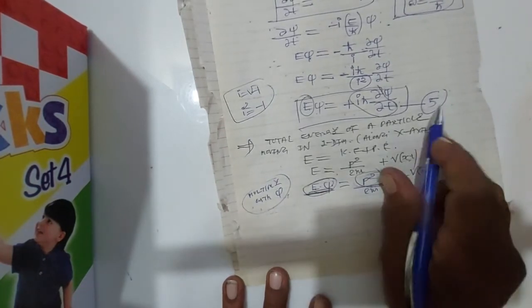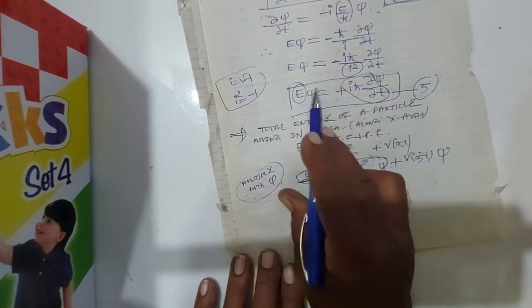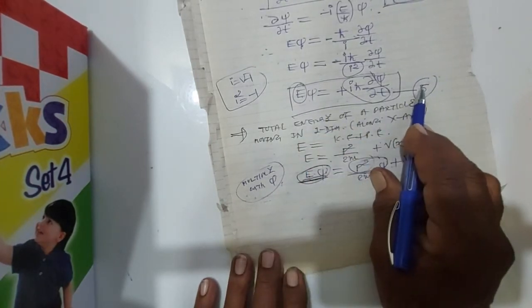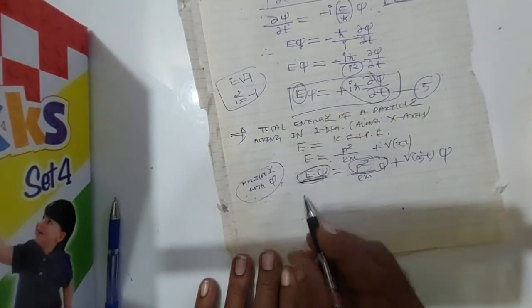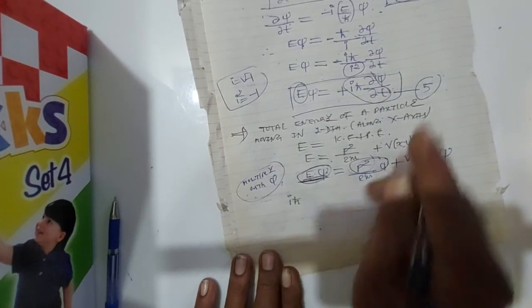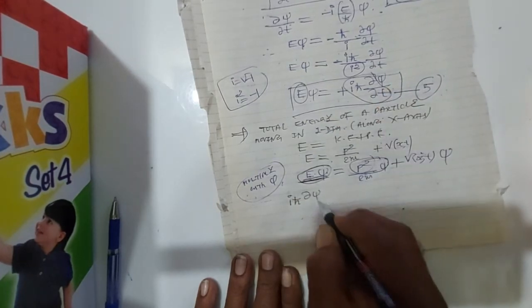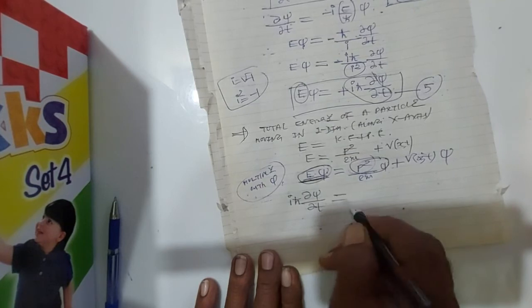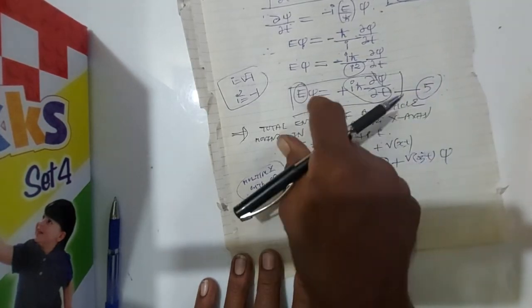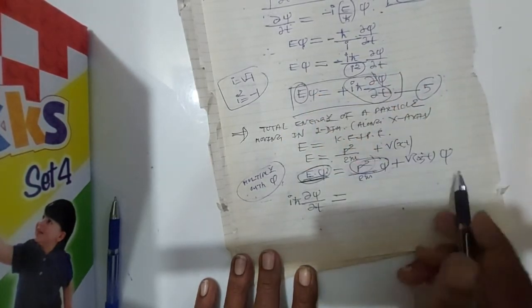Now from equation 5, what is the value of E psi? From equation 5, the value of E psi is i h cross d psi by dt.